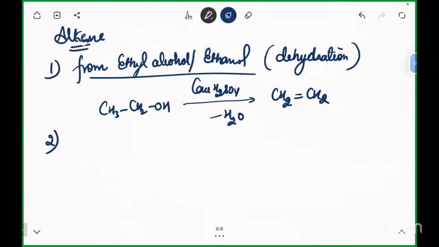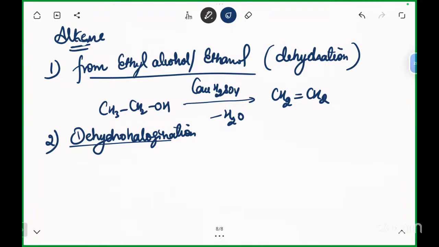The second basic method of preparation of this alkene is by dehydrohalogenation. By the name, this question is asked: what do you understand by the dehydrohalogenation reaction? In that case, you have to just remember that you are using alcoholic KOH for eliminating the water molecule as well as the KCl molecule.